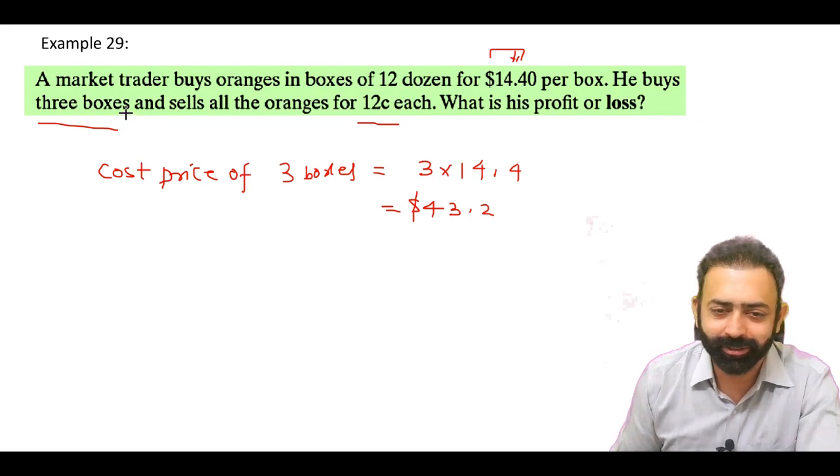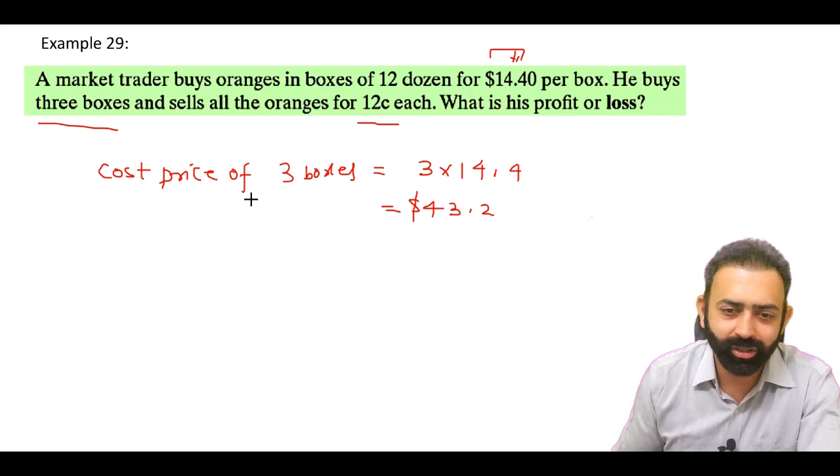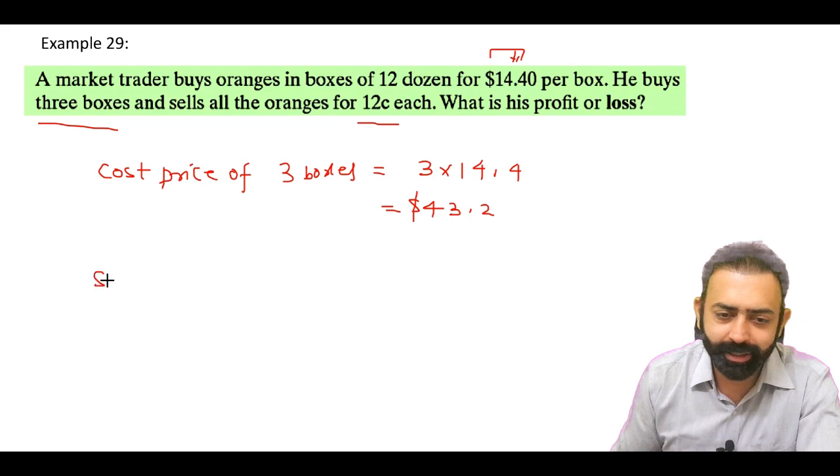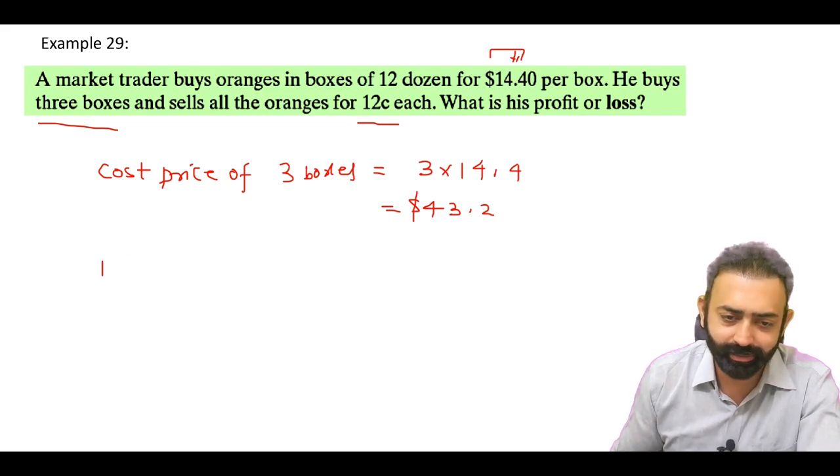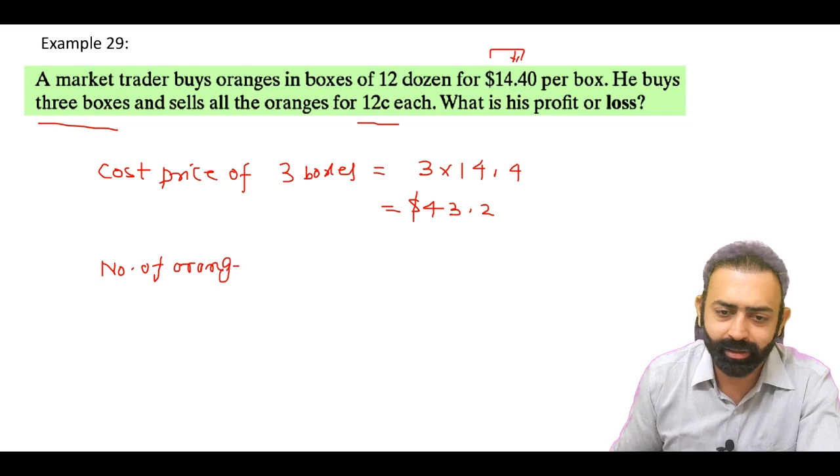He buys 3 boxes and sells all the oranges for 12 cents each. So before finding the selling price, we will find the number of oranges in 3 boxes.